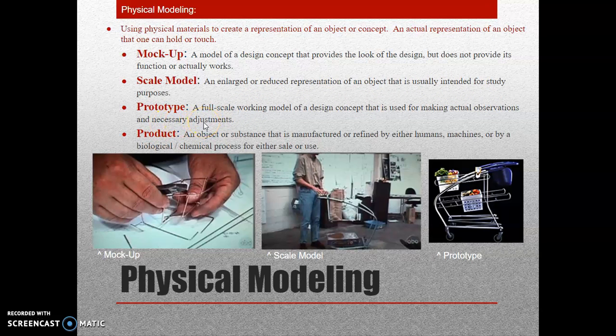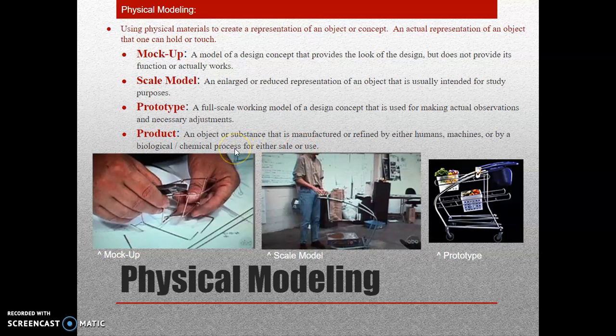Right. The things that we buy at stores, they used to be prototypes. They went through a whole bunch of different stages of manufacturing, and they were all prototypes until finally one prototype was actually approved for marketing, and that turned into a product. Okay, so a product is an object or substance that is manufactured and refined by either humans, machines, or biological/chemical process for either sale or use.